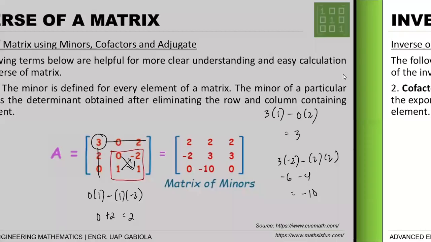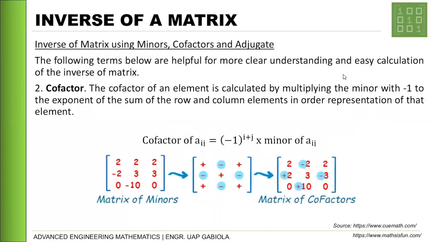Next, cofactor. So, yung cofactor naman ng element, calculated siya by multiplying yung minor natin by a -1 to the exponent of the sum of the row and column of the element. So, ito yung formula daw niya. Okay? So, halimbawa, ano ba tong AIJ na sinasabi niya?